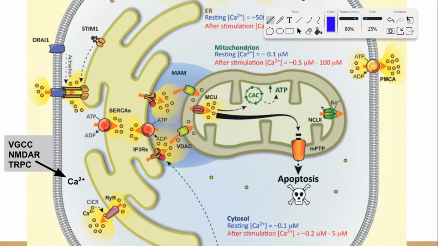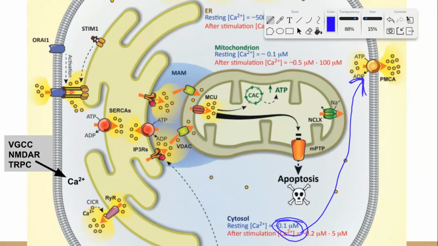So PMCA is also extremely efficient at pumping calcium out, which is pretty much why calcium concentration is in the micromolar range in the cytosol. This is because PMCA is extremely efficient at using ATP to pump out calcium.